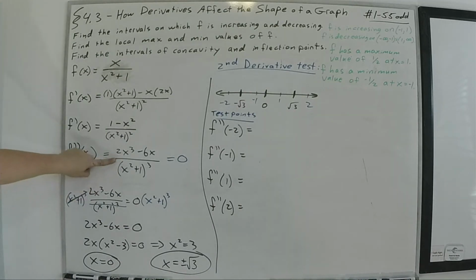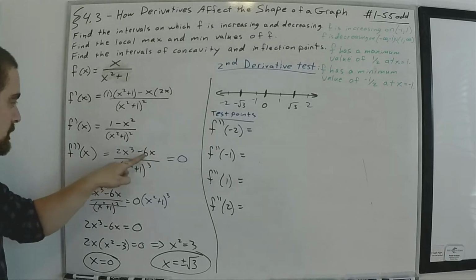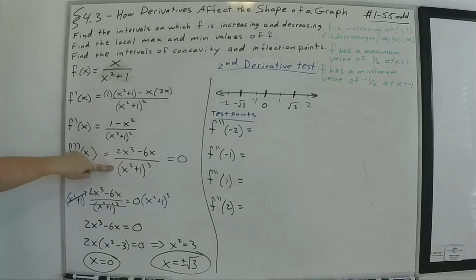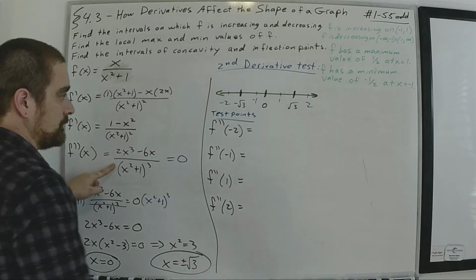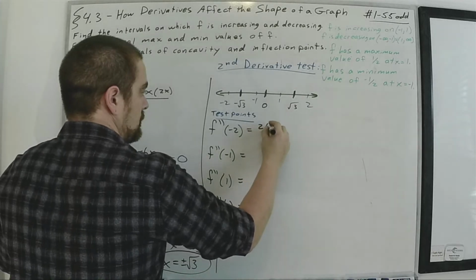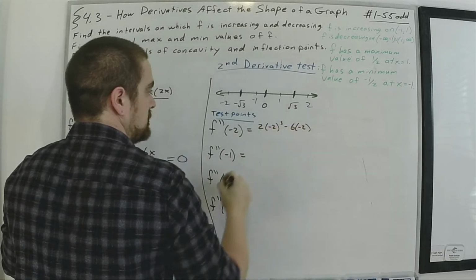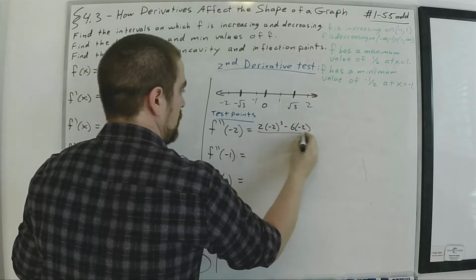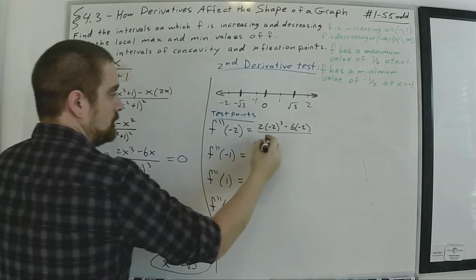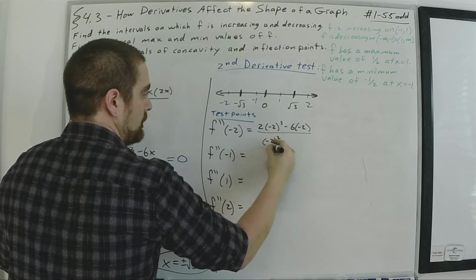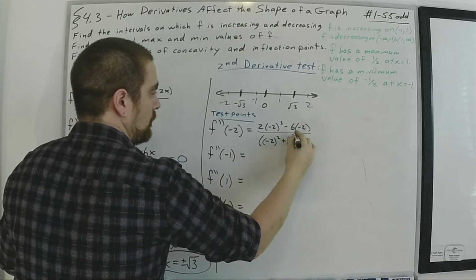In this case, here's what they might say is the cleanest version. You might factor it, but it is what it is. So what we can do is plug all these values into this second derivative: 2 times negative 2 cubed minus 6 times negative 2 over negative 2 squared plus 1 quantity cubed.